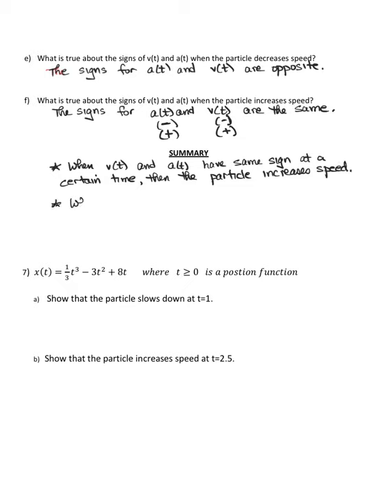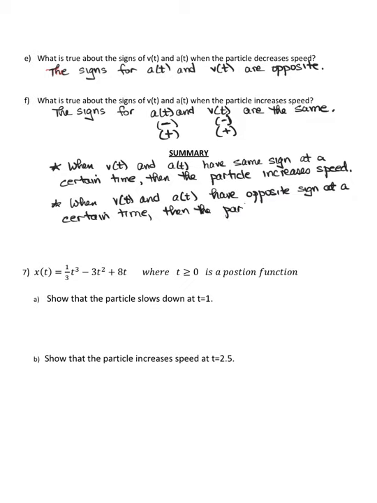When the velocity and acceleration have opposite signs at a given time, then the particle decreases speed, which is synonymous with slows down.